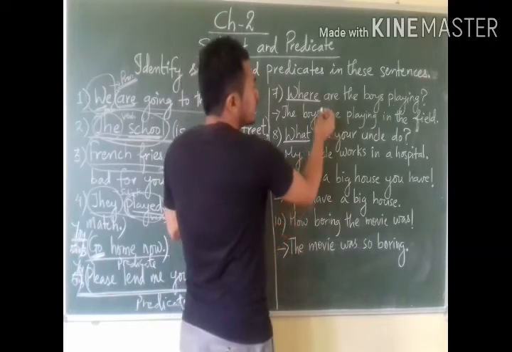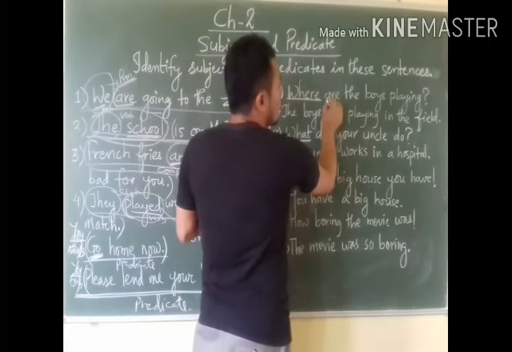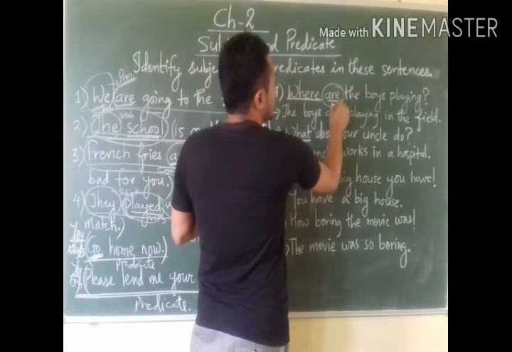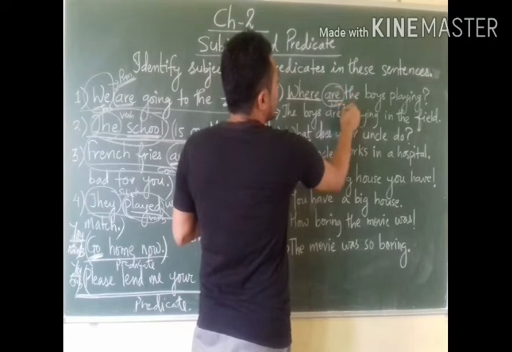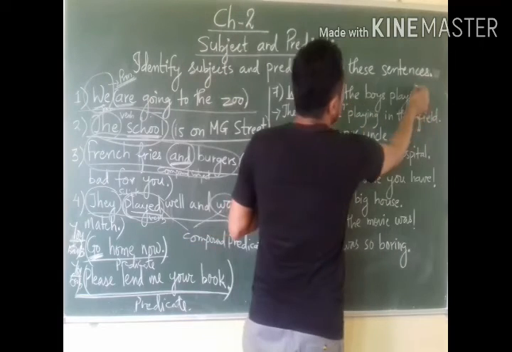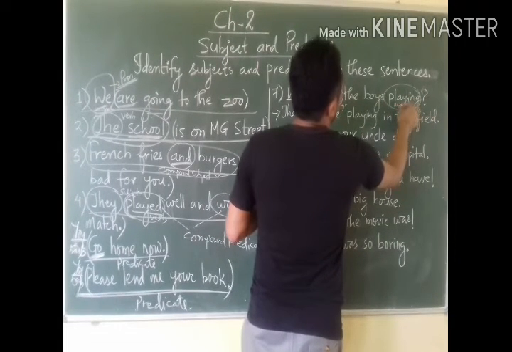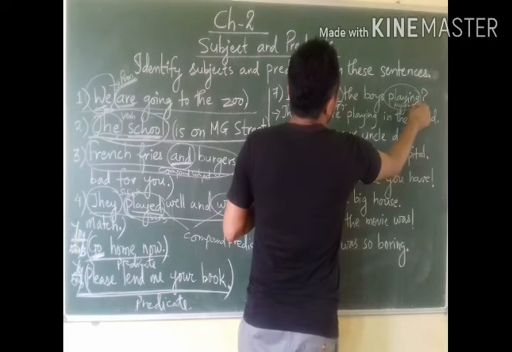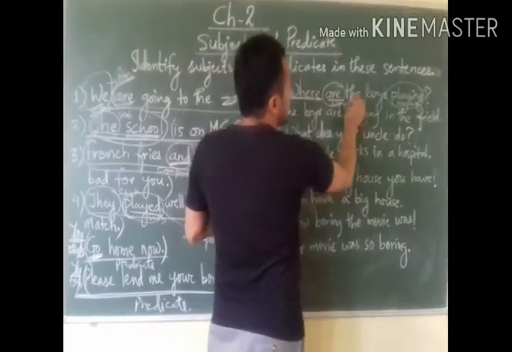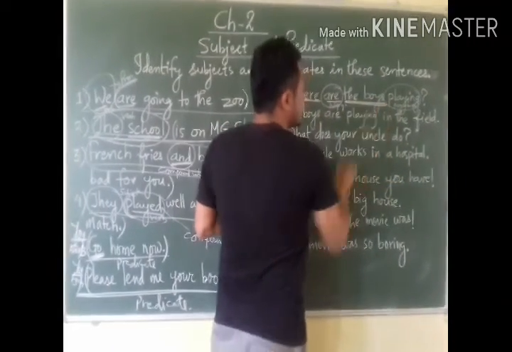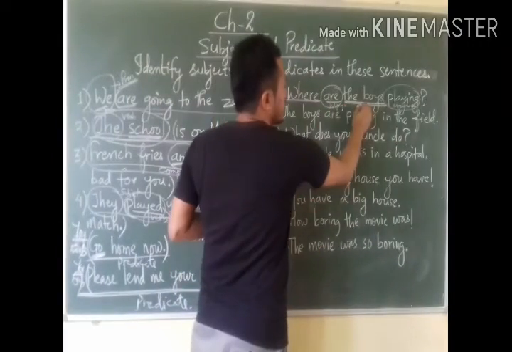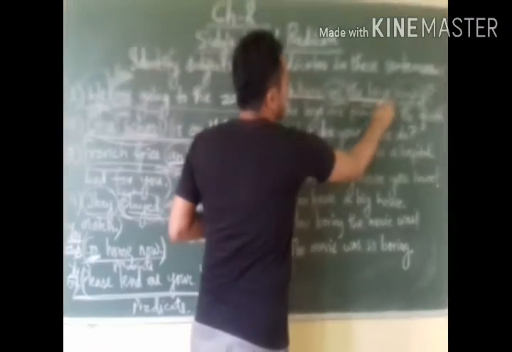See here, where are, are is the helping verb, and playing is the main verb. So in between the helping verb and main verb we have the boys. That means the boys is the subject here.